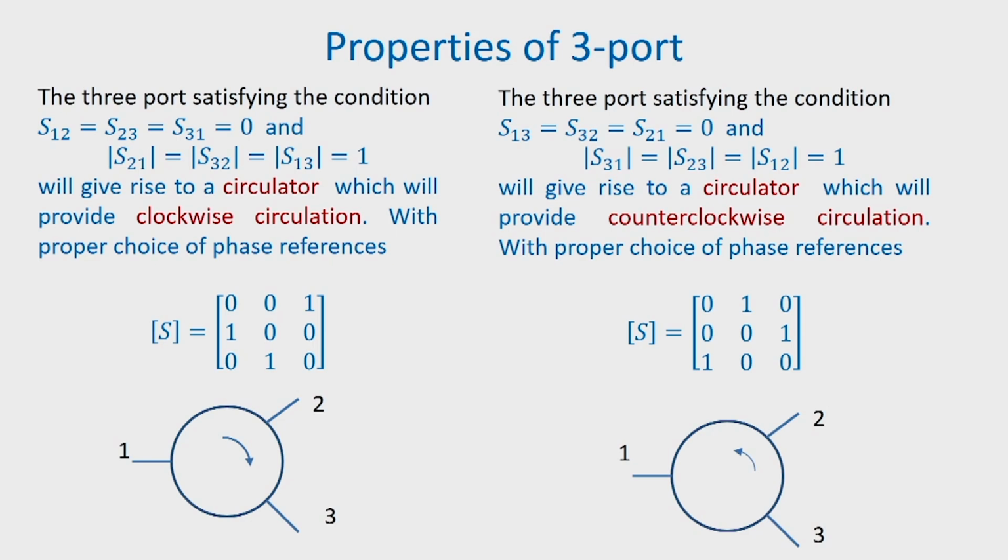So, it is S31. This circulation is in the counterclockwise sense. Later on we will see, when we discuss some of the microwave practical systems, this type of circulator finds a lot of use in radar systems.